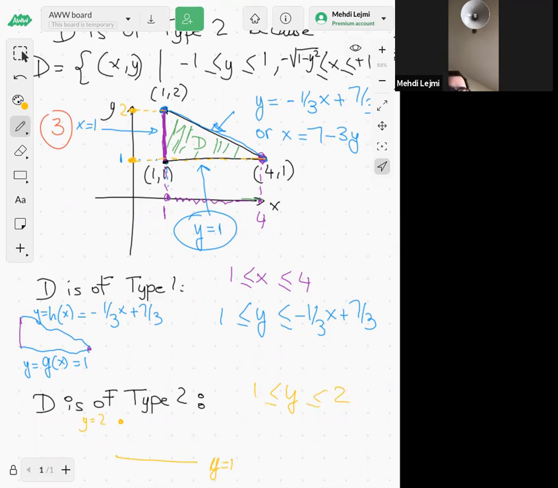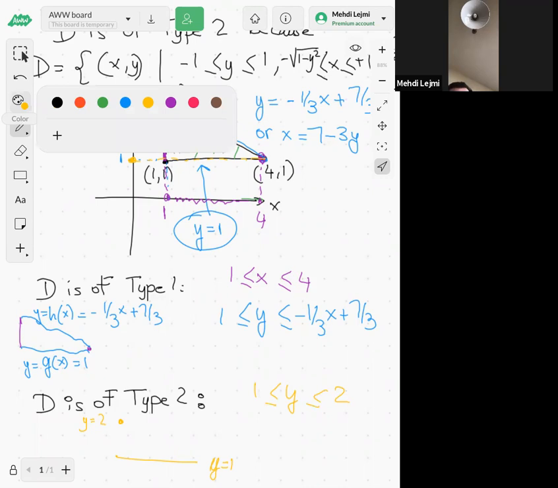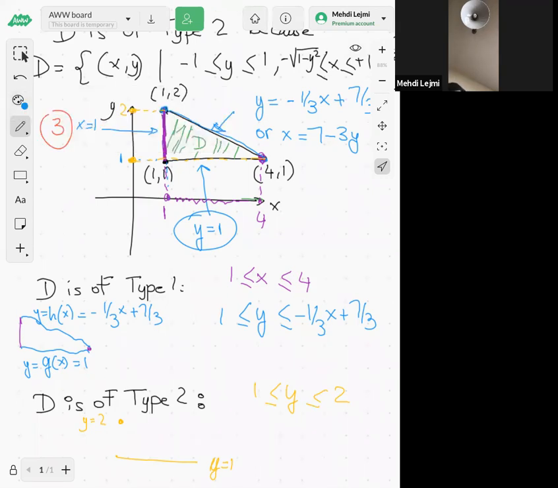All right, and then I'm going to connect the segment to the point using the graph of two functions. Here I have the first function, that's my g of y, and here's my h of y.